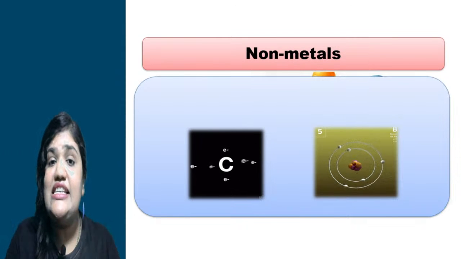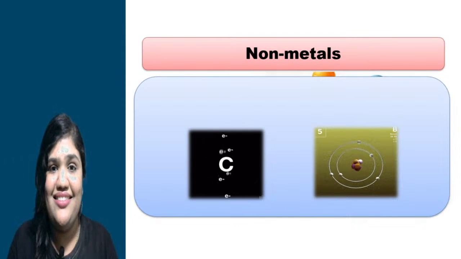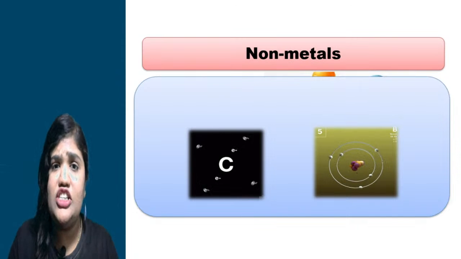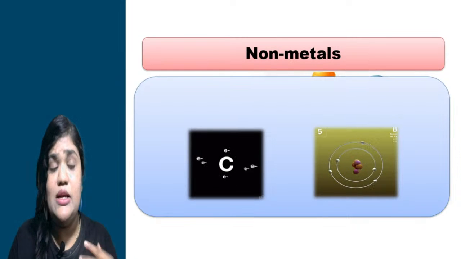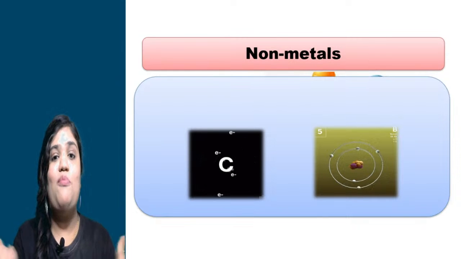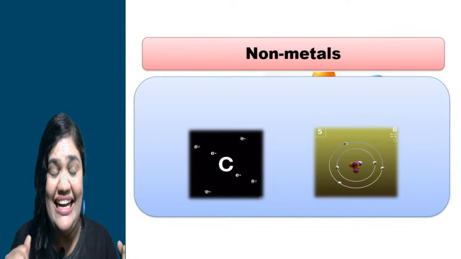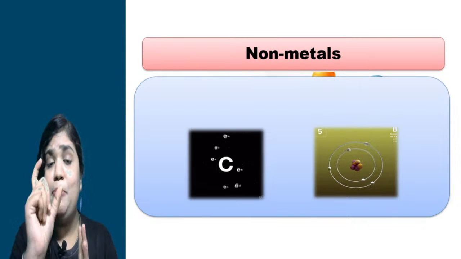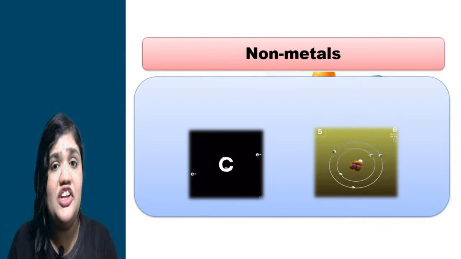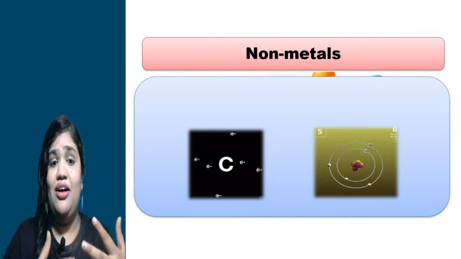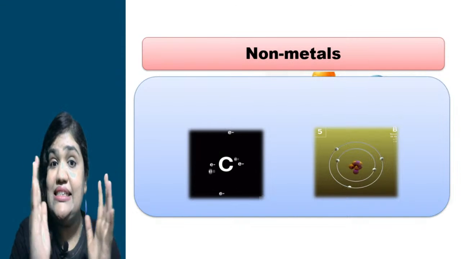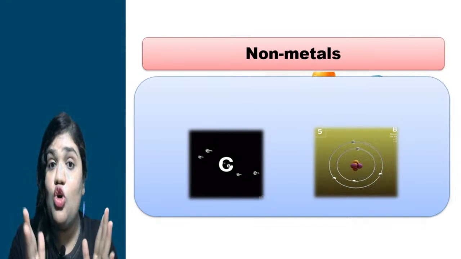So what are the examples of non-metals? Carbon, boron, oxygen, everywhere there is a non-metal. As we have discussed, metals and non-metals, you can observe them everywhere, right? I am hoping that you are going to learn the basic things regarding metals and non-metals.